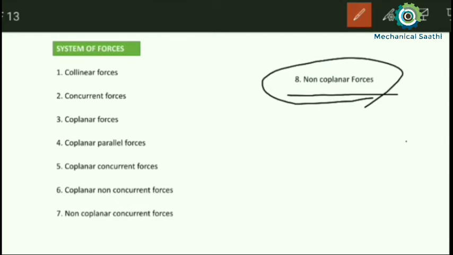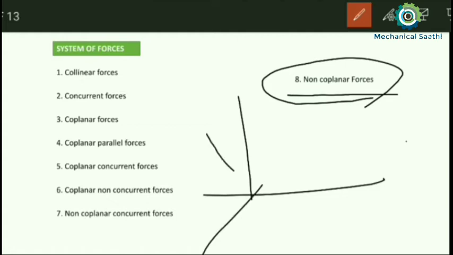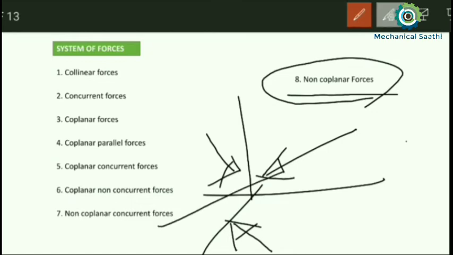So let these be the axes, and this is one force, and this is another force, which are not meeting at a single point. So we will try to extend those lines, let me use another color.